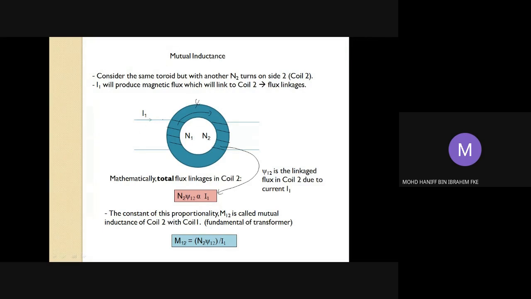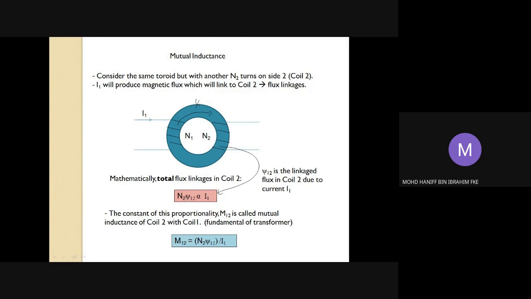Okay, so this is what we call mutual inductance, which means that the flux produced by I1 will be linked to the secondary coil, in this case having N2 turns.